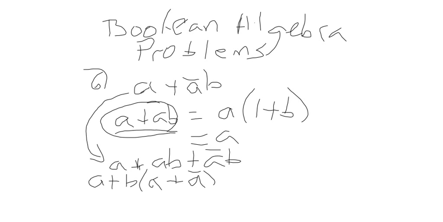Well, anything or its inverse has to be 1, because if A is 0, then A not is 1, and 0 or 1 is 1. If A is 1, then A not is 0, and again, 1 or 0 is 1, so that gives me 1 times B, or finally, A or B.